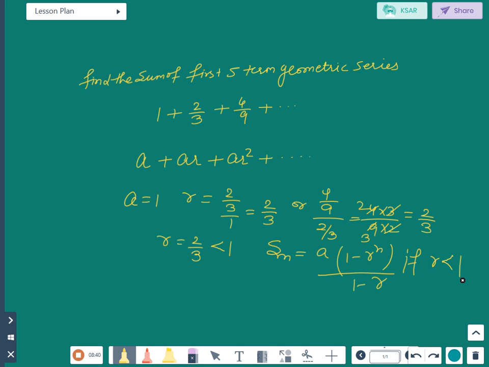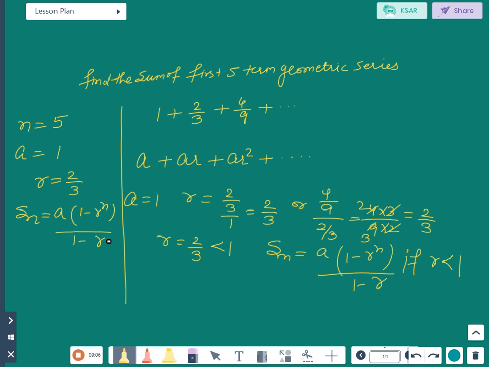So we shall place the value of A and R into the given formula and calculate the sum of the first 5 terms. The n is 5, which is given, and A is given as 1, and the R that we calculated is 2 upon 3. Right? Now the formula: Sn equals A into 1 minus R power n over 1 minus R. So S5 we will calculate: A is 1, into 1 minus 2 upon 3 power n, in brackets, over 1 minus 2 by 3.